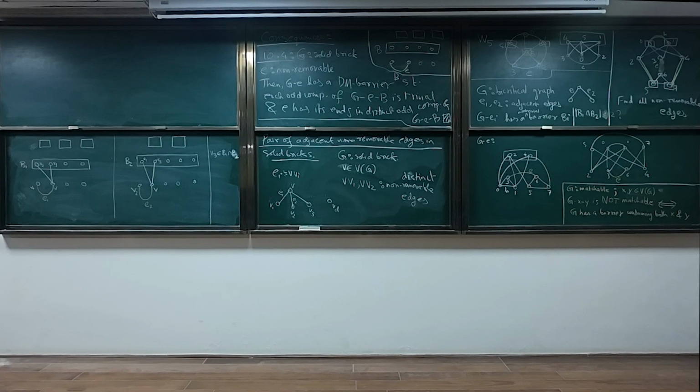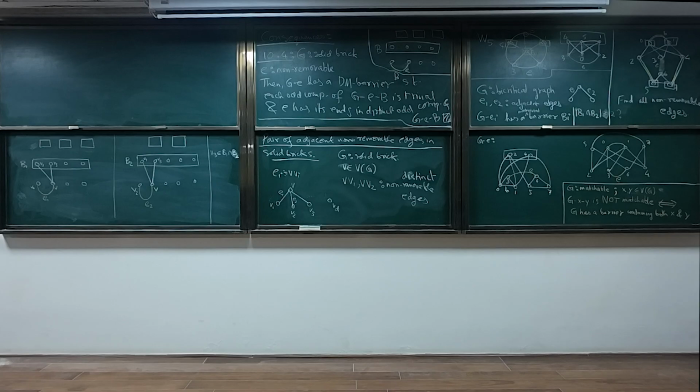There is a perfect matching in G minus X minus Y, but in G minus Ei minus X minus Y, there is no such perfect matching. Right? Because in G minus Ei, there is a barrier Bi that contains both X and Y. So what does that mean? In G minus X minus Y, there is a perfect matching. So what do you conclude about this perfect matching?